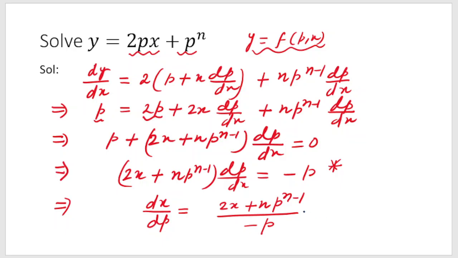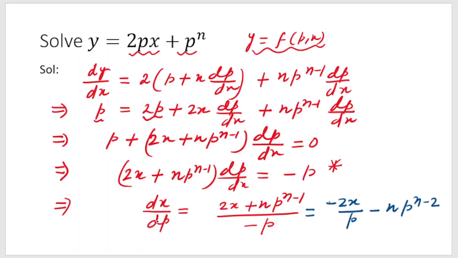The benefit is that this expression can now be written as minus 2x by p minus n p to the power n minus 2, right? And if I bring this to the left hand side, I am moving to the next page.